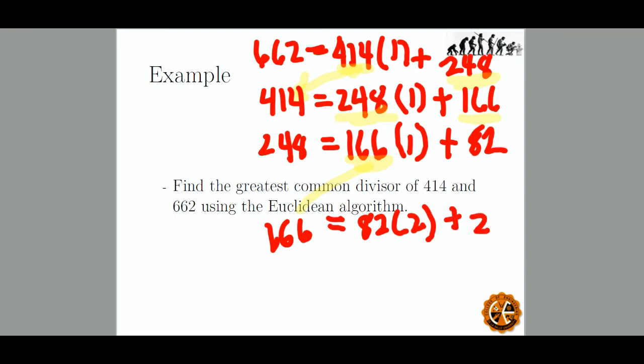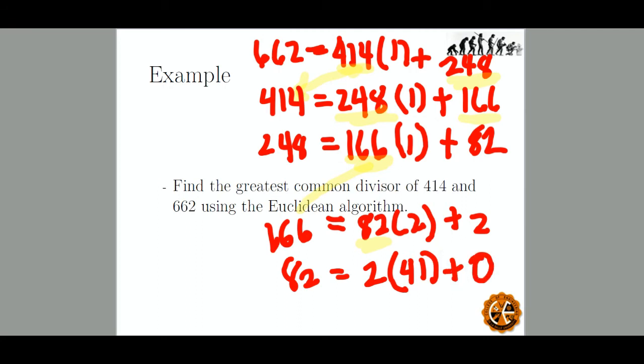So the remainder became very small already. Let's apply this one last time. 82 divided by the divisor 2, and we will get 41, giving us a remainder of 0.